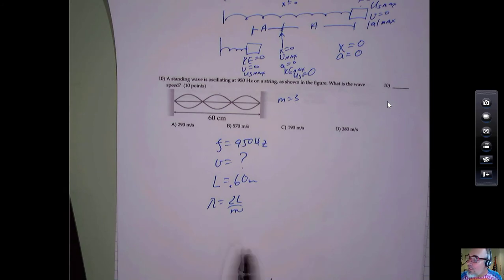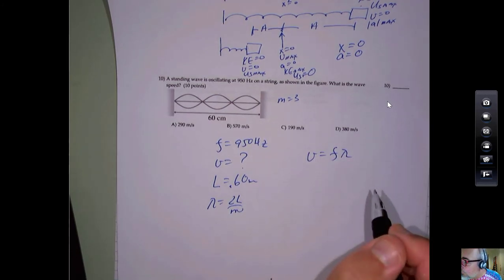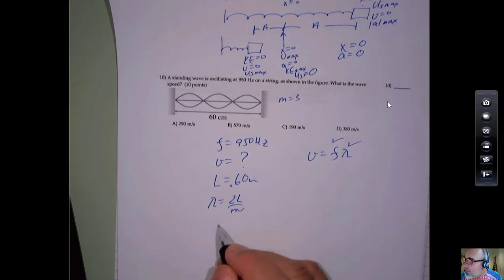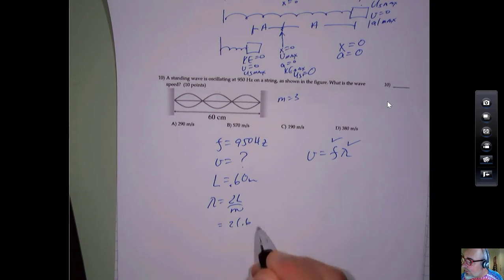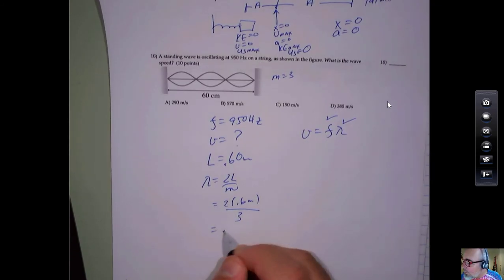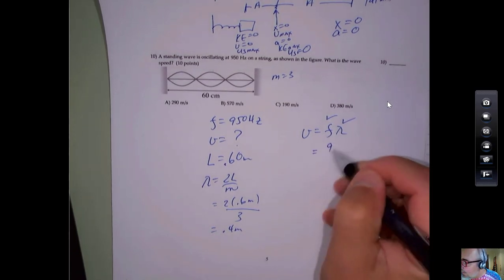So why do I want the wavelength? Well, the speed is the frequency times the wavelength. So the frequency is given, I just have to get the wavelength. So 2 times 0.6 divided by 3. So it looks like 0.4 meters. Frequency of 950 hertz.